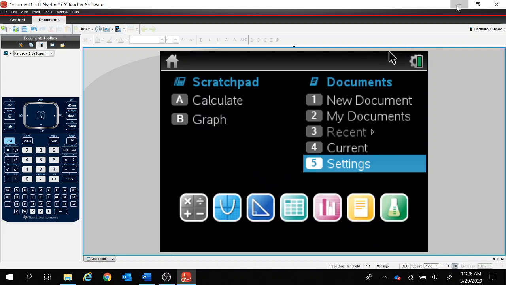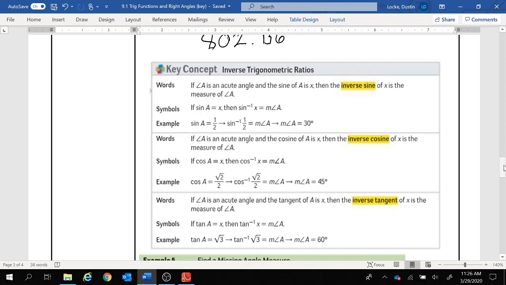All right. So what we're going to move on to in the last part of this lesson is something called inverse trig ratios. Really, all an inverse trig ratio is used for is to find a missing angle. So I want you guys, especially with trig functions, whenever you see a -1 here, all that's really going to imply is that we're trying to find a missing angle using the sine function.